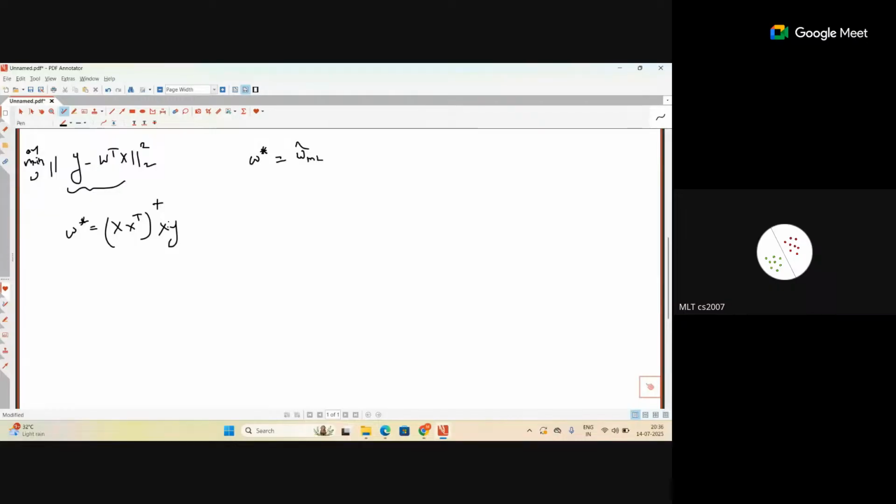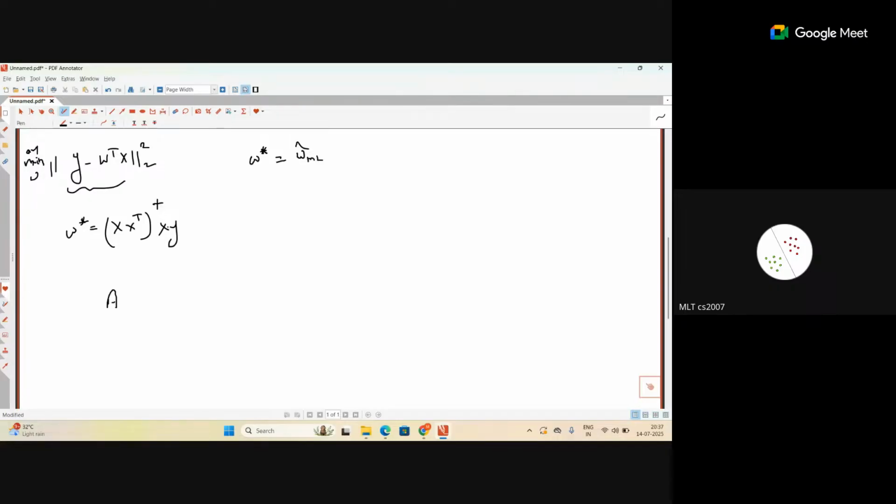But another part of it is when you calculate the inverse. Any matrix is called an invertible matrix when the determinant is not equal to 0. Why is that?